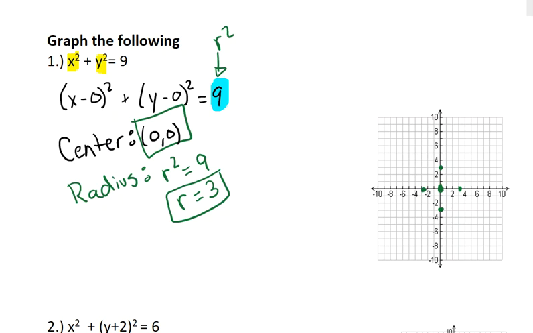This will at least give us 4 points of the circle, and we're just going to use our best judgment to connect those. If you have a compass, you can certainly use that. And again, what I want to emphasize is technically the center is not part of the circle, but the circle is just this outside right here.